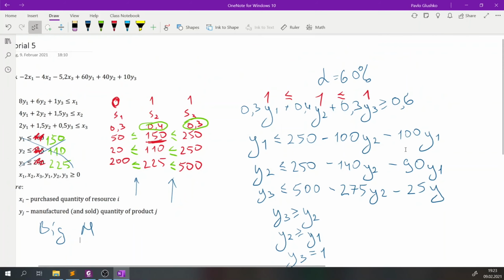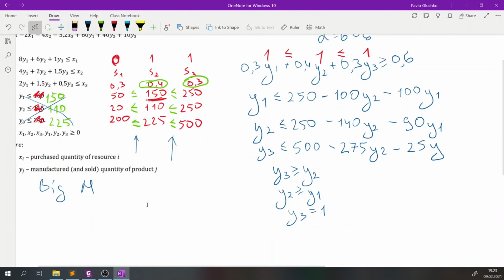So this was the formulation with binary variables 1, and this will be formulation 2 with big M. So what's the idea here?